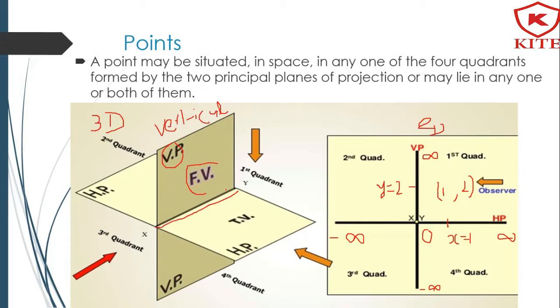Generally, the view obtained on the vertical plane is called the front view, because the observer sees from this direction. If the observer sees the object from the top, then the view obtained is called the top view.